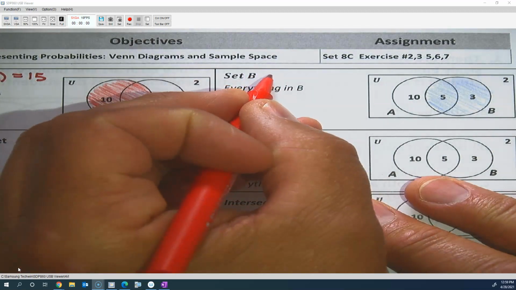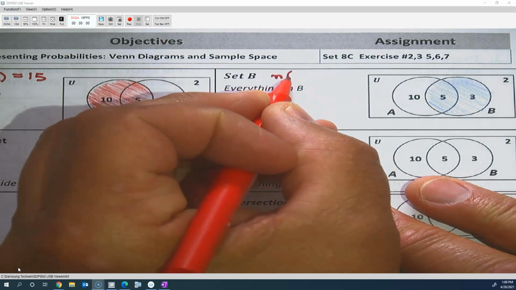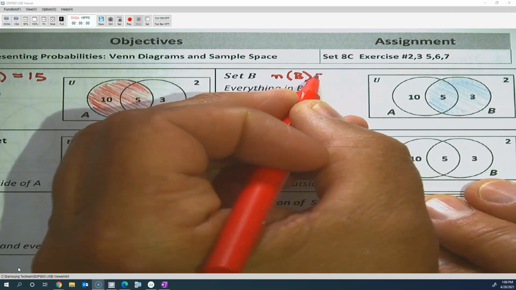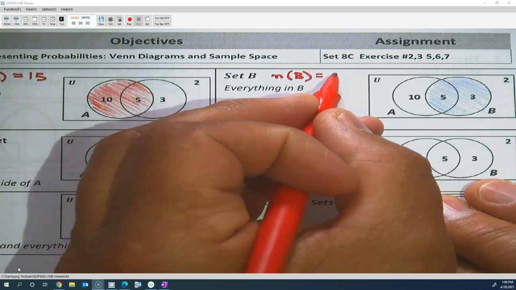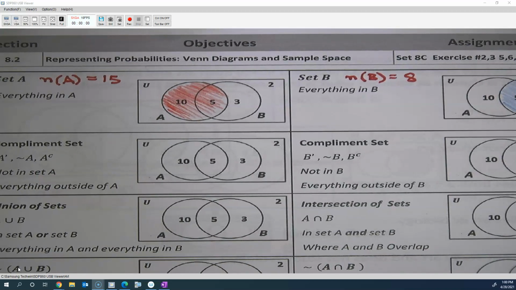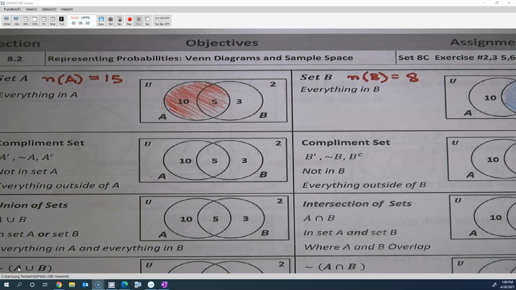We use our neighborhood analogy. So the number of items in B is 8. Simple enough. So that's your most basic Venn diagram.